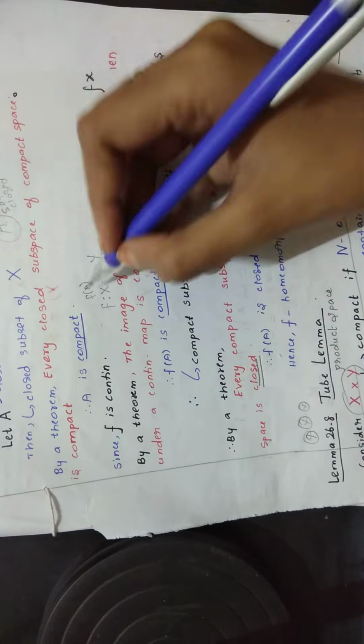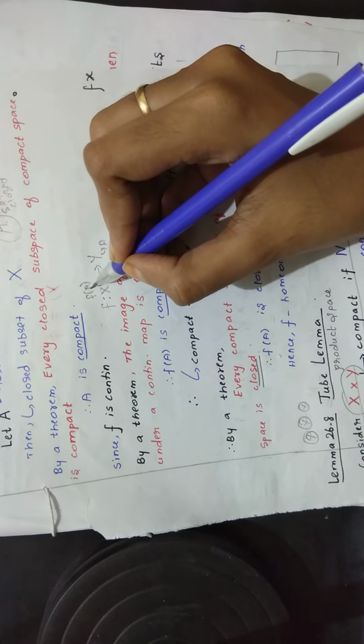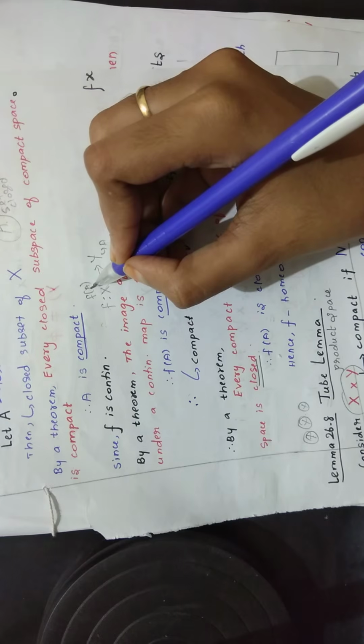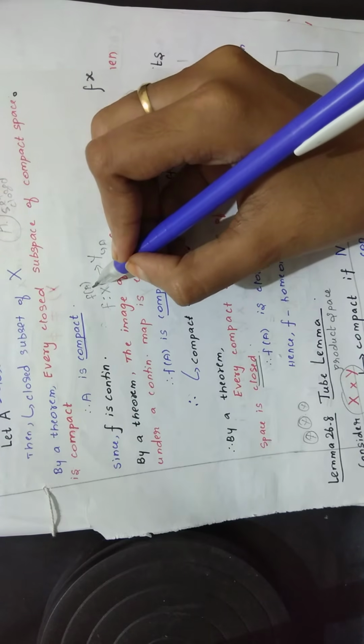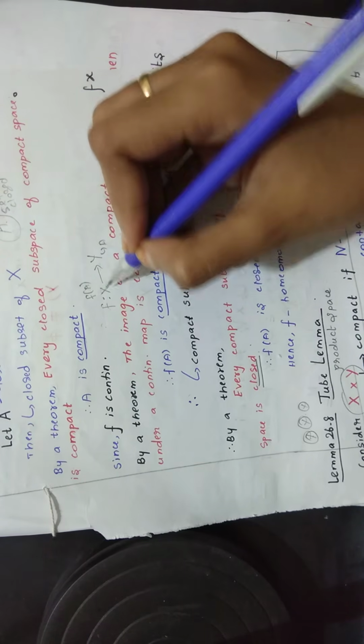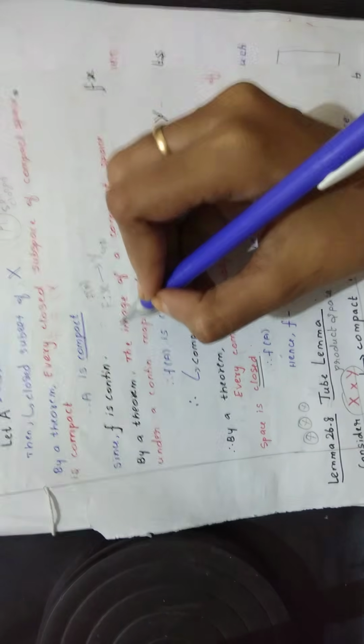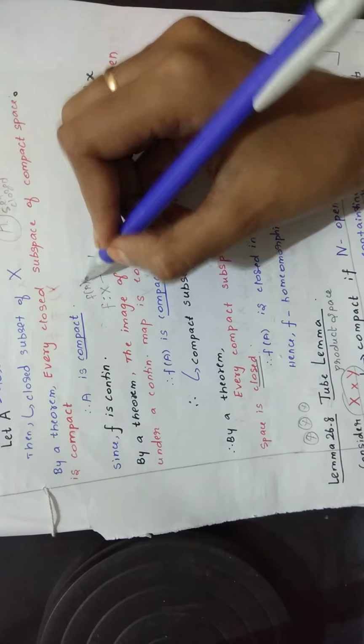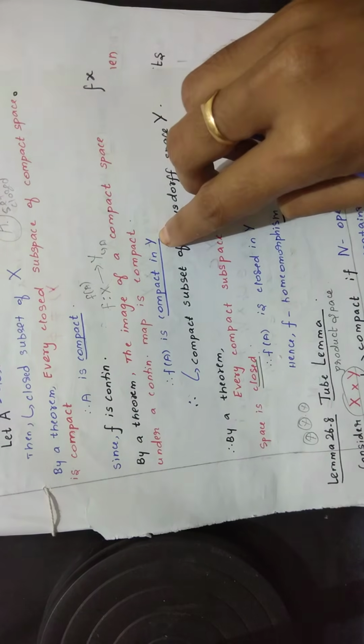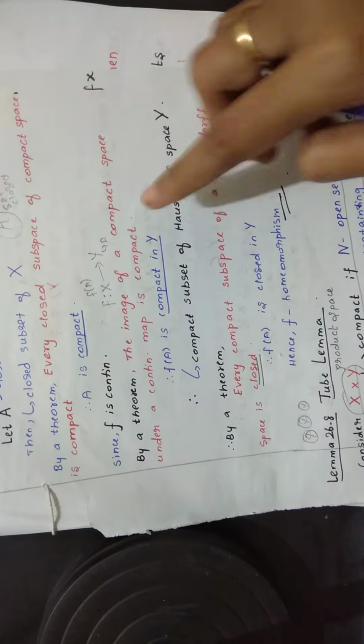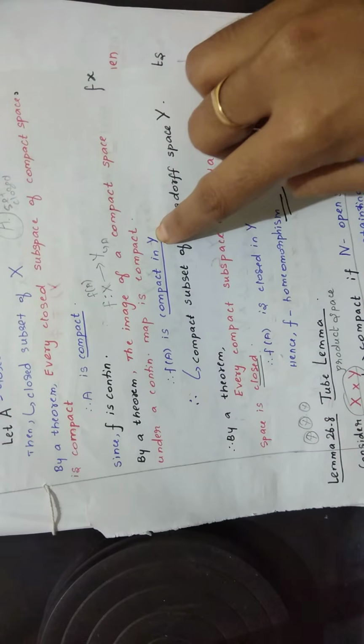That is the definition. Here f of A is the image of a compact space under a continuous function, so you can say f of A is compact in Y. You know that Y is a Hausdorff space.